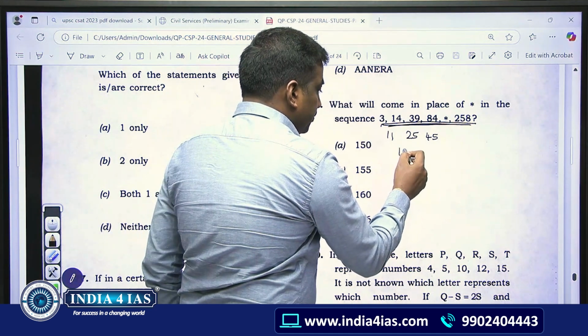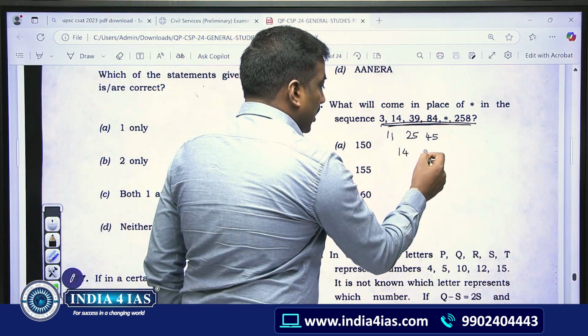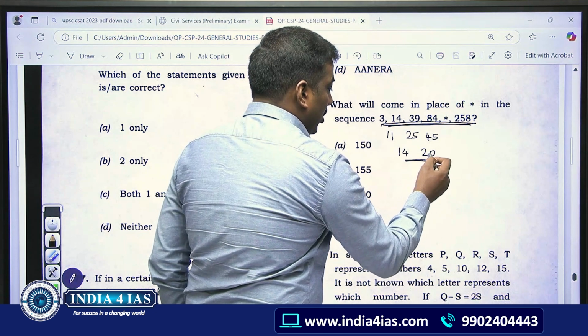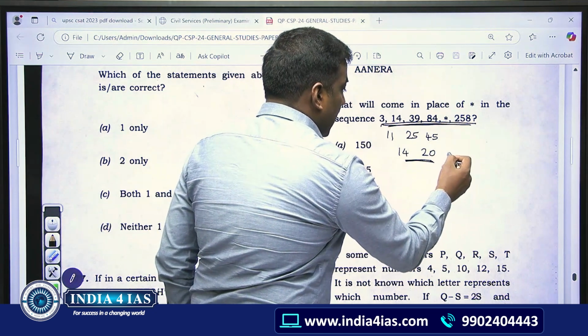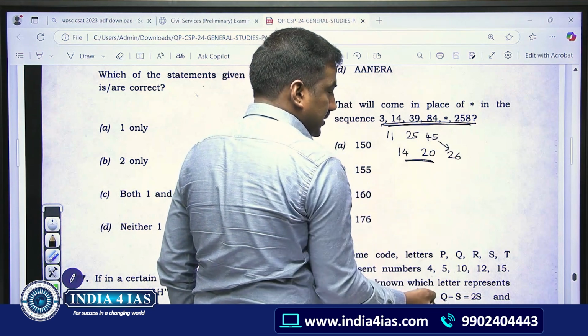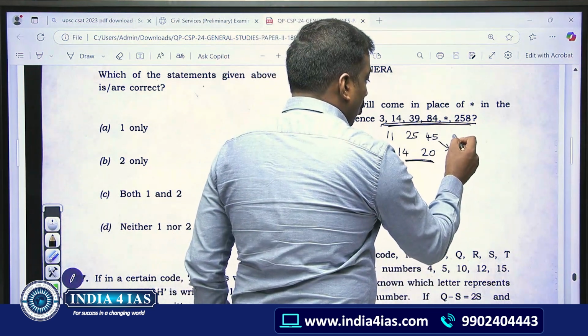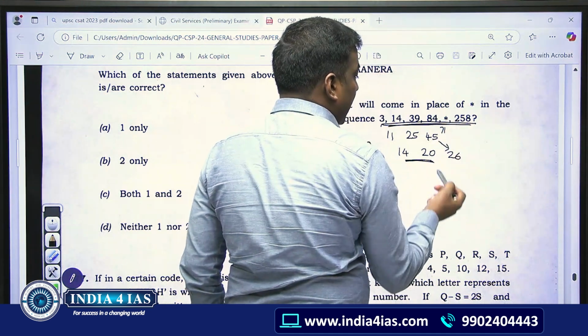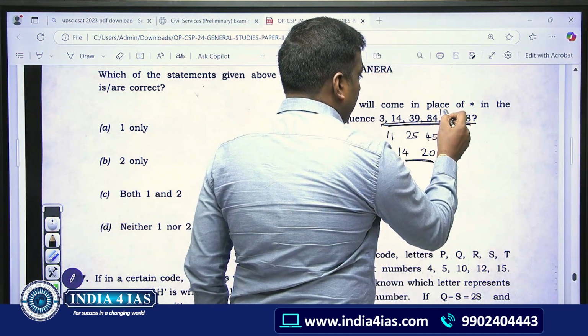It will be 14. Here this will be 20. So look, it is in increasing order. 14 and 20. Maybe you can add 26, just as a matter of chance. So 45 plus 26 is 71. So 84 plus 71 is 155.